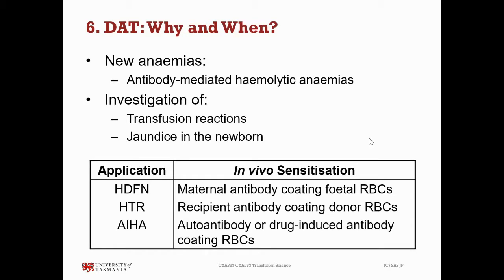So we know that jaundice in the newborn, particularly those of you who have done clinical biochemistry, you know that there are a few other enzyme causes of jaundice in the newborn, but for us in transfusion, the one that we're mainly interested in is hemolytic disease of the fetus and newborn. So we use the direct antiglobulin test to give us an indication of whether or not that has occurred.